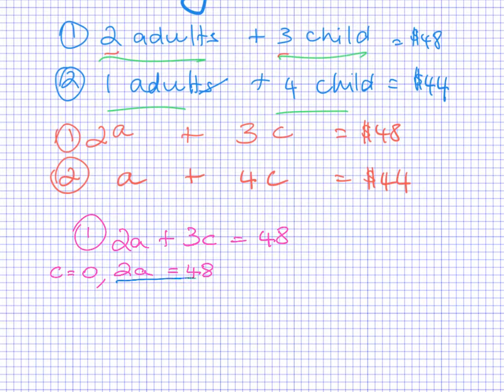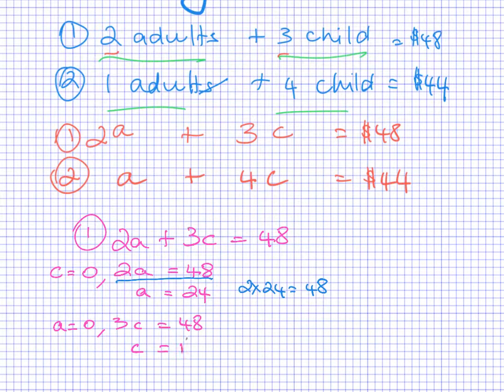If this equation equals 48, then A must be 24, because 2 times 24 equals 48. Similarly, if we say A equals 0, then 3C equals 48.